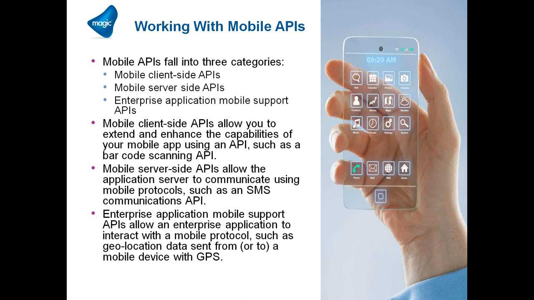So when we're working with APIs, there are a wide variety of APIs, of course, and one of the new things on the horizon is the mobile API. There are a variety of these out there: client-side, server-side, enterprise application, mobile support APIs. With the client-side APIs, you have the ability to do things such as extending the capabilities of the client-side app. So you might be able to do barcode scanning.